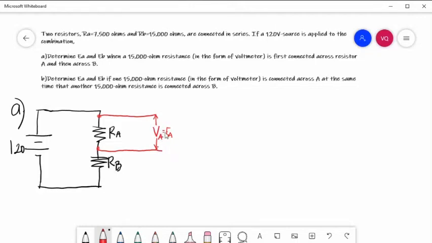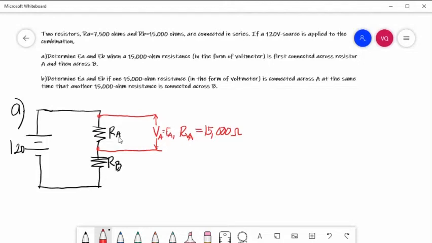And in the form of a resistor, it has a resistance, let's say, RVA, voltmeter A, equal to 15,000 ohms. So, what will be the reading of your voltmeter?